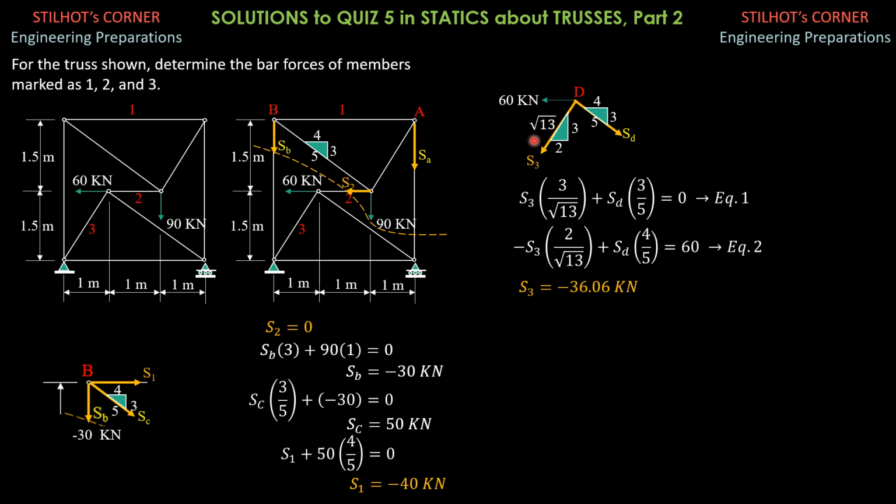S3 is going to the left, so its X component is negative S3 times 2 over square root of 13, then plus SD times 4 over 5, and minus 60 equals 0. Minus 60 equals 0 is the same as equals 60. Equation 2. Solving these two equations simultaneously, we get S3 equals negative 36.06 kilonewtons. So that's it for this video.